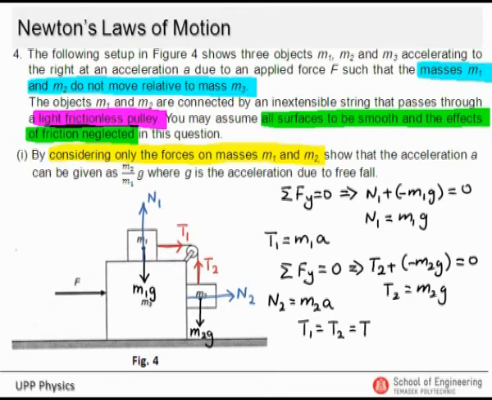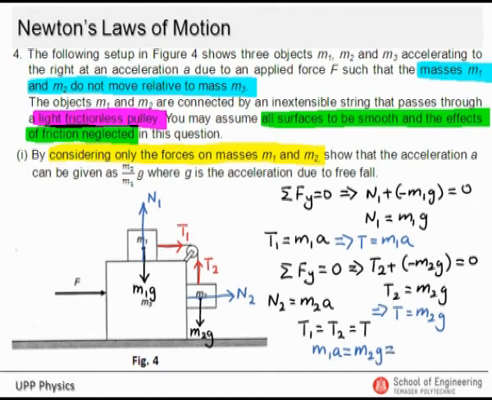And with that conclusion, we can say that T is equal to M1A and T is equal to M2G. Now, since T is equal to M1A and is also equal to M2G, we will say that M1A is equal to M2G.